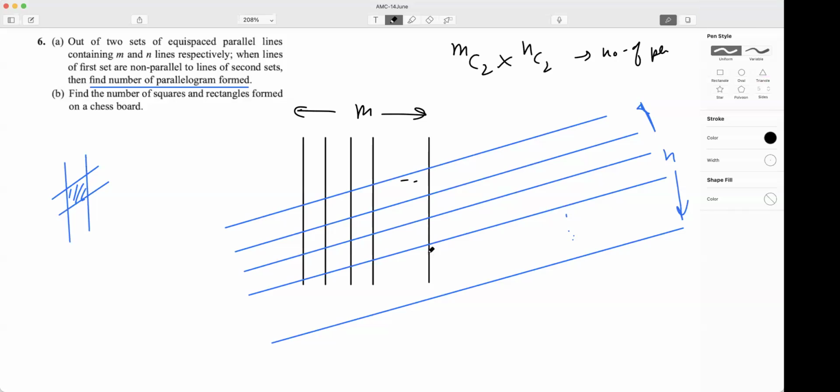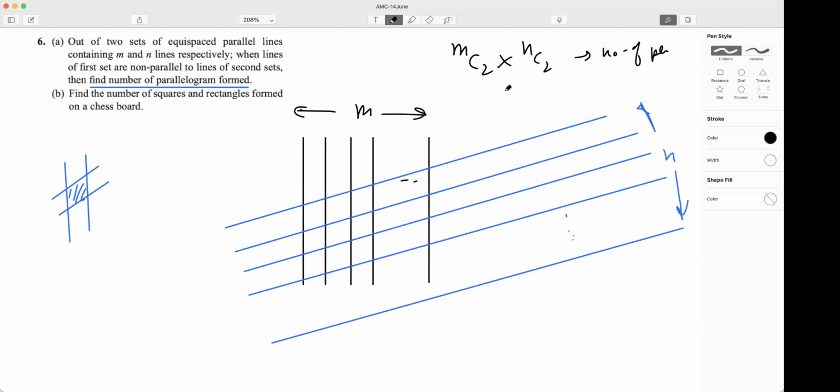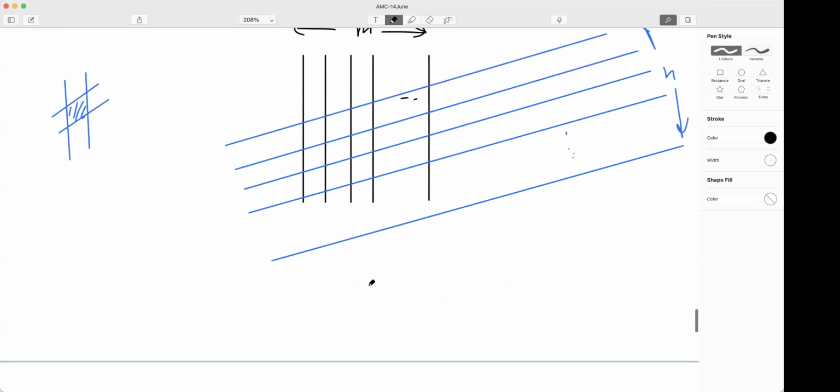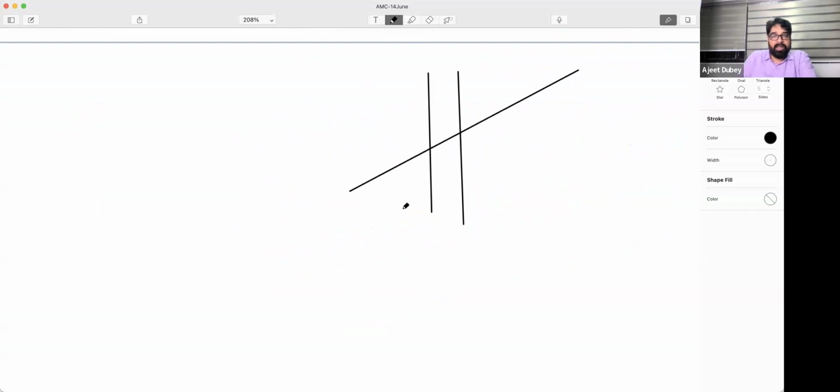Sir, I could not understand this 6A1. Which one? This one? Yes, sir. Okay, let's take a simple example. Forget about this question. I'm giving you two parallel lines and another set of two parallel lines. How many parallelograms will come?